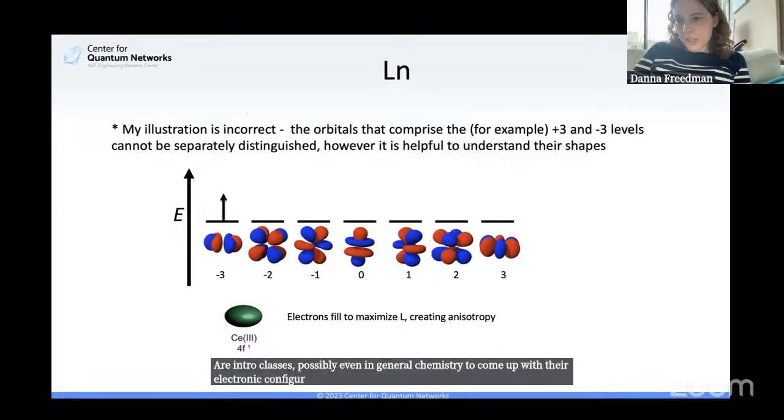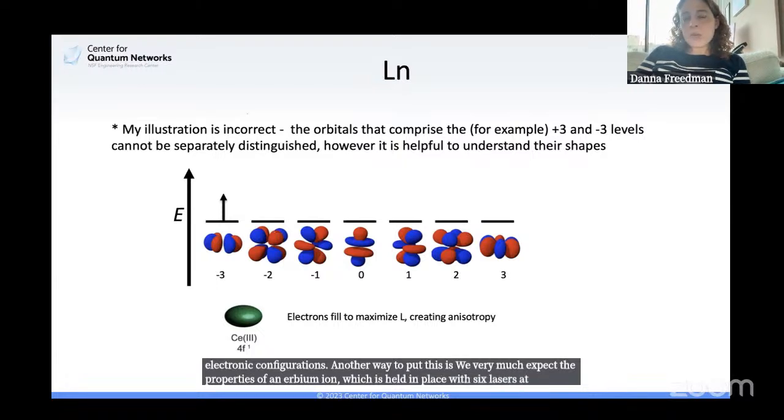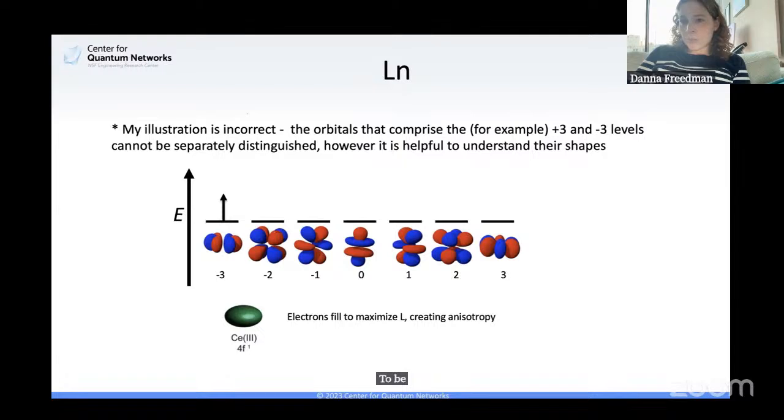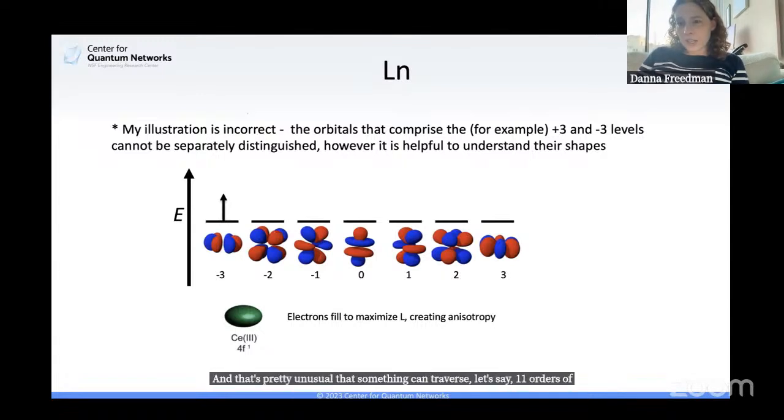Another way to put this is we very much expect the properties of an erbium ion, which is held in place with 6 lasers at nanokelvin temperatures, to be very similar to an erbium molecule at room temperature. And that's pretty unusual, that something can traverse, let's say, 11 orders of magnitude and maintain its properties.